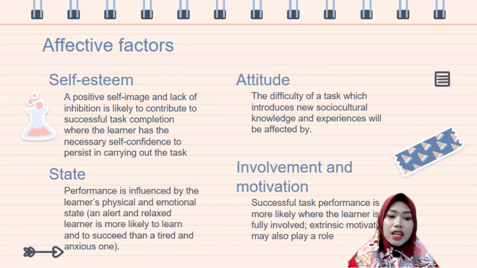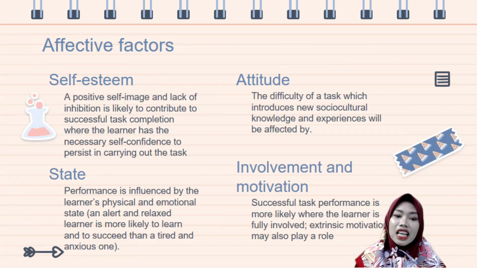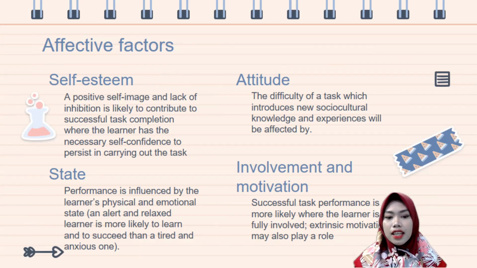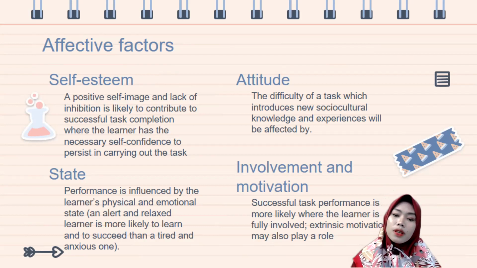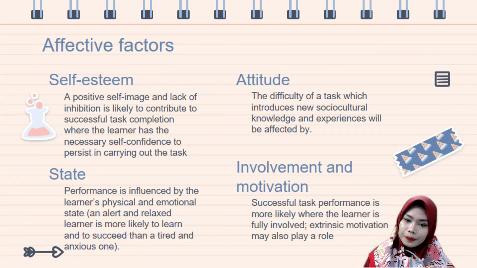And then state. Development is influenced by the learner's cycle and emotional state. An alert and relaxed learner is more likely to learn and to succeed than a tired and anxious one. And what about attitude?